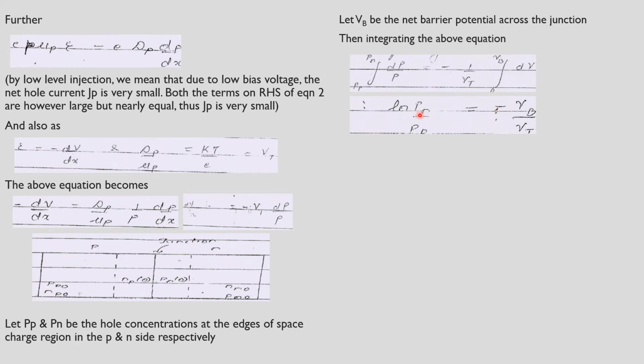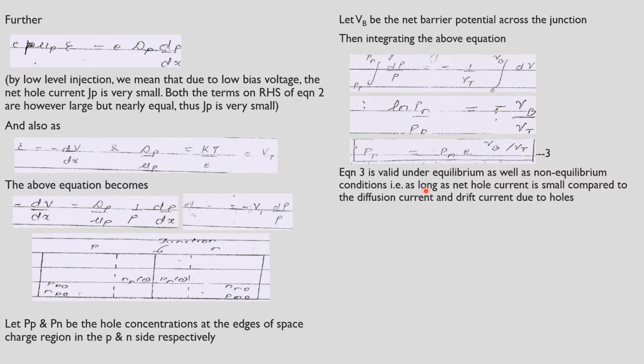So we get ln Pn upon Pp is equal to minus Vb upon VT. We can rearrange this equation to write Pp is equal to Pn into e raised to Vb by VT. Equation 3. Now this equation is valid under equilibrium as well as non-equilibrium conditions.